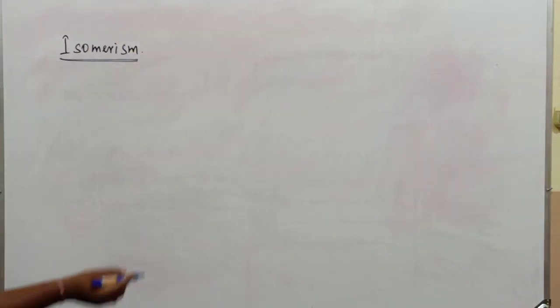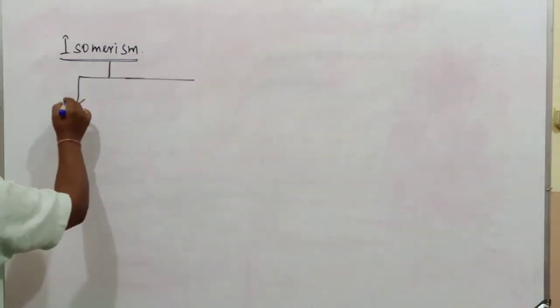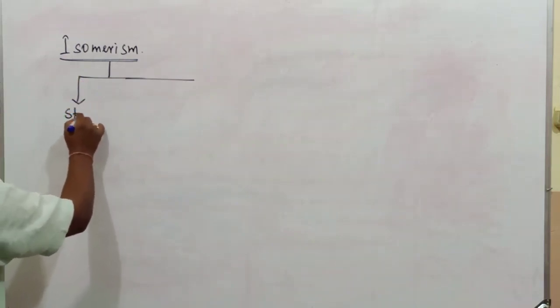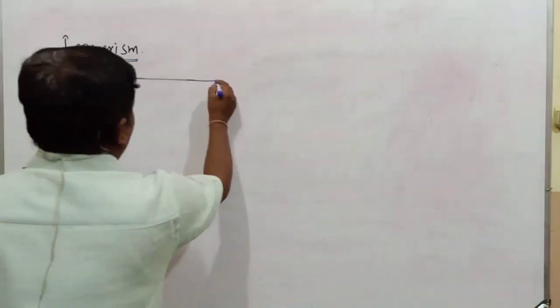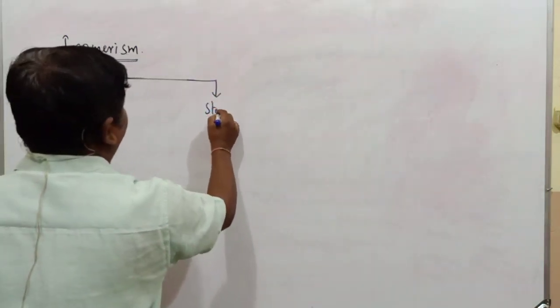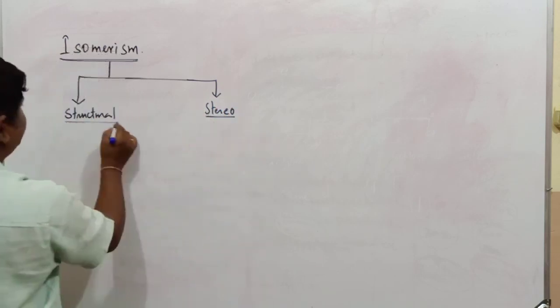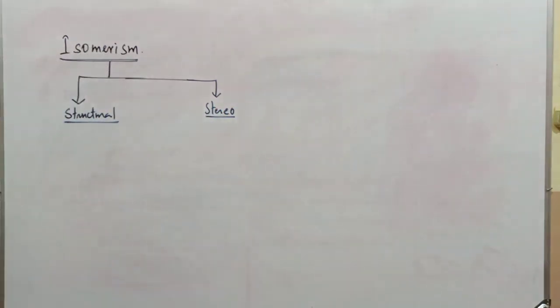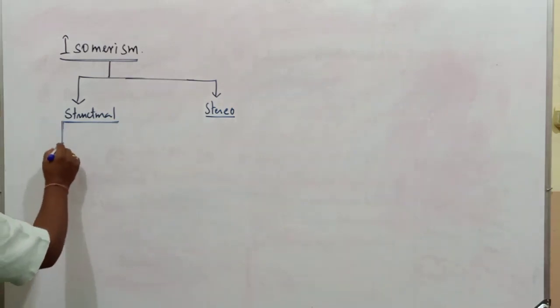As you know very well, in isomerism we mainly classify into structural isomerism and stereoisomerism, studied in first year. Further, in structural isomerism there are different types.